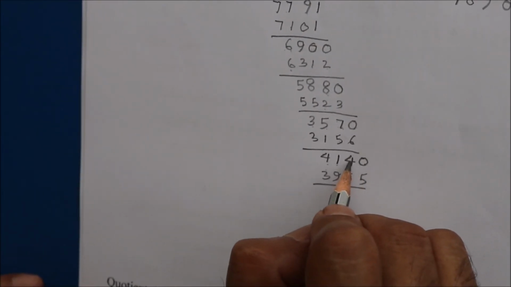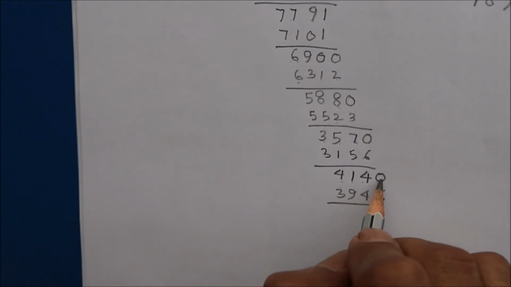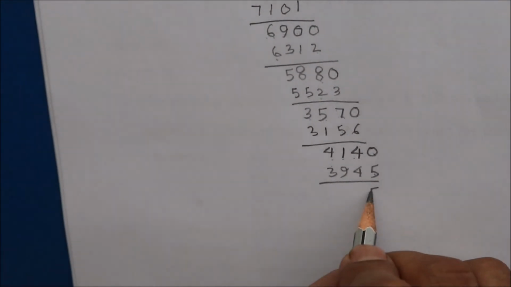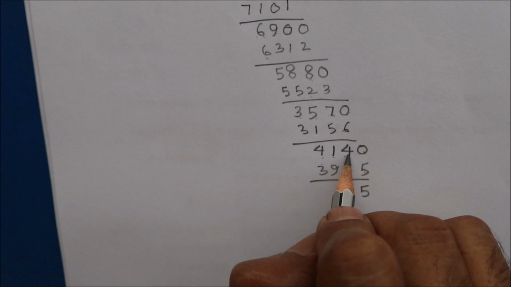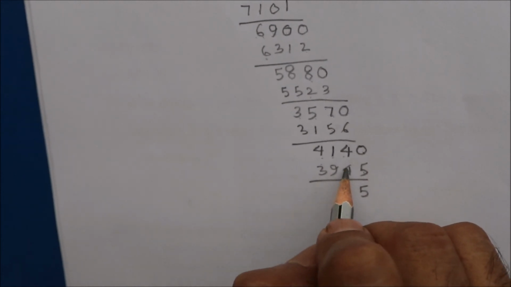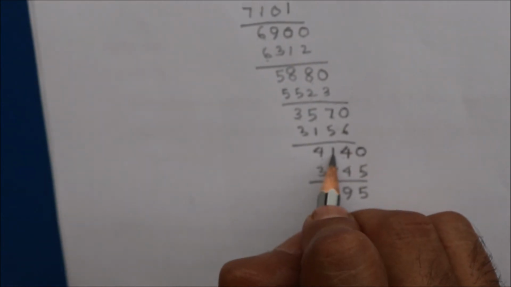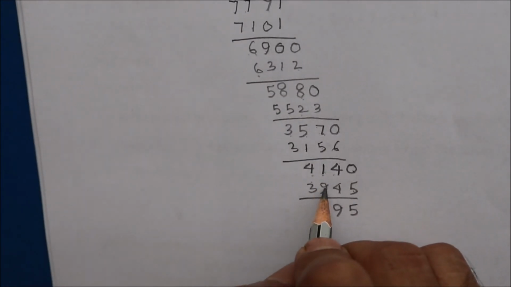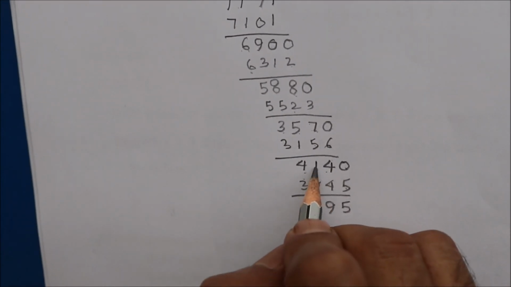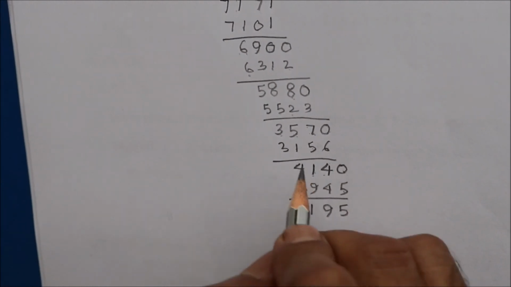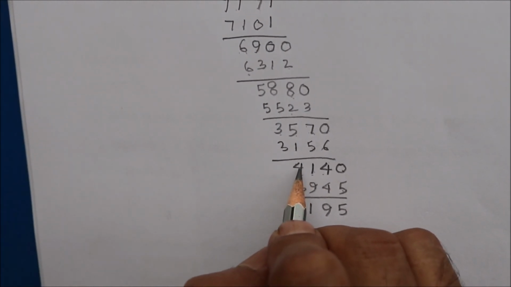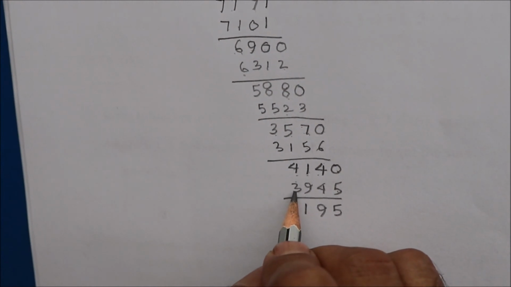Borrow 1 from 4. 0 becomes 10. 10 minus 5, 5. 4 minus 1, 3. 1 more, 9. 1 minus 1, 0. Minus 9 plus 1. 0 plus 1, 1. 3 minus 1, 3. 3 minus 3, 0.